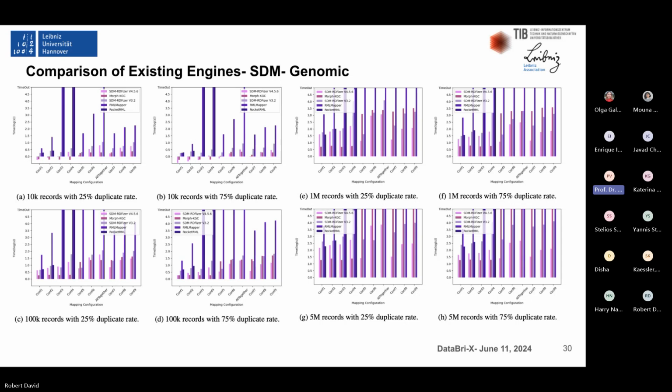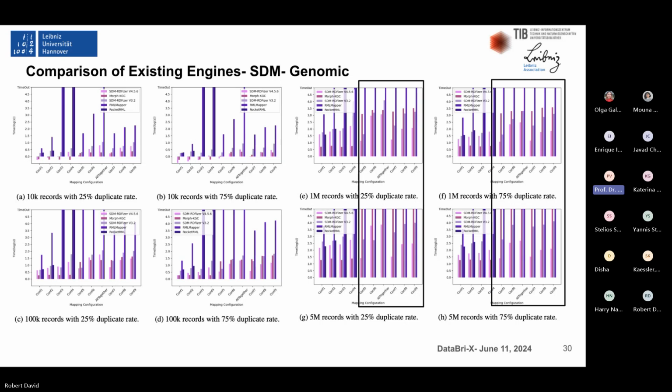So if you click, you will see that there are cases when the cases are complex. That means that when we have these stars in the triple maps, and second, when we have a high percentage, when we have data sets that are relatively big, but also that we have duplicates, we can see that the SDM-Genomic is outperforming MorphKGC considerably.